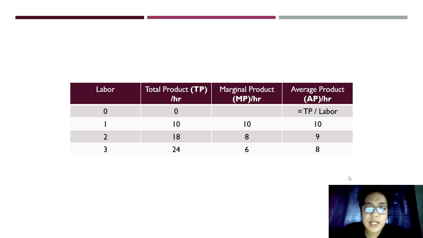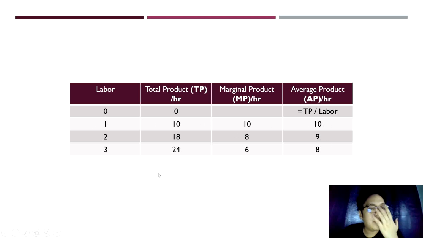So, in order for us to determine the average product, we just have to use this formula, which is the total product divided by the unit that we have or the input that we have, which is in this case labor. So dun sa unang row natin, we have here total product of 10 divided by 1, that is 10. So ibig sabihin, ang average product na kayang i-produce ng isang laborer in this function is 10.